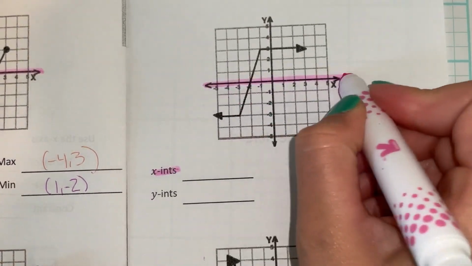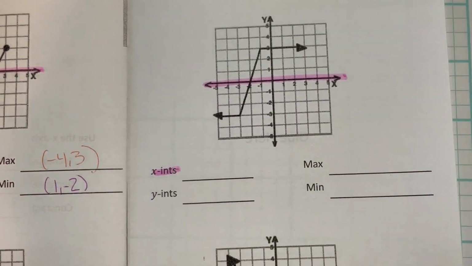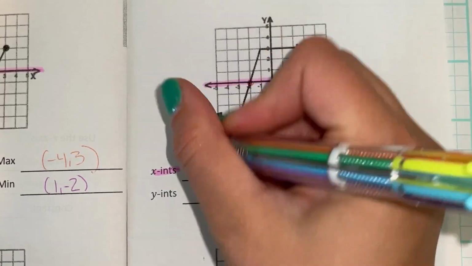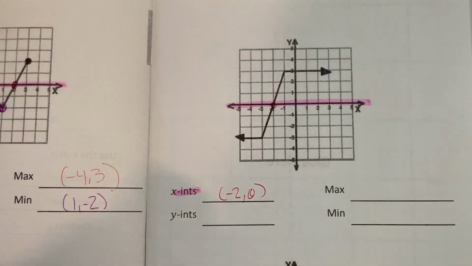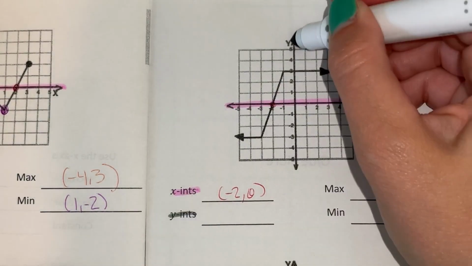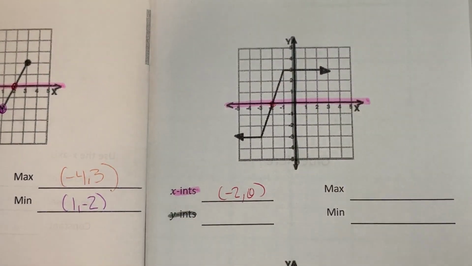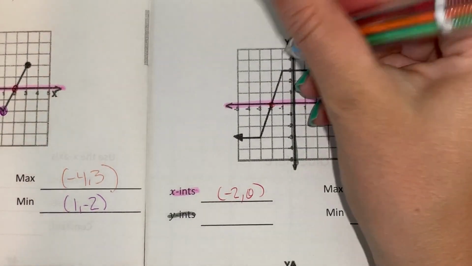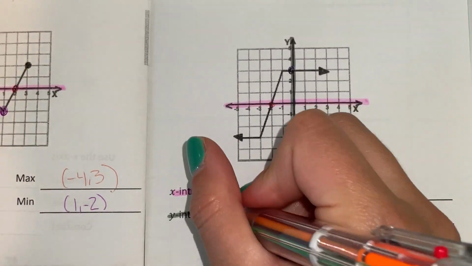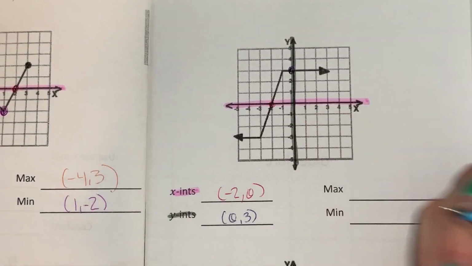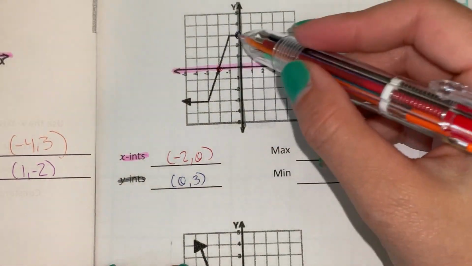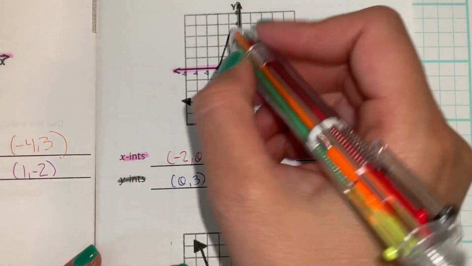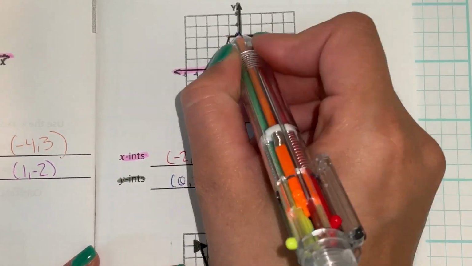X-intercepts on the x-axis. We only have one, and that one is at -2. So I'm going to write this as -2 comma 0. Y-intercept happens on the y-axis. We only have one. Woohoo! And that one is happening at the number 3. 0 comma 3. All right. Maximum. Oh, it's a flat line. So this is my maximum.